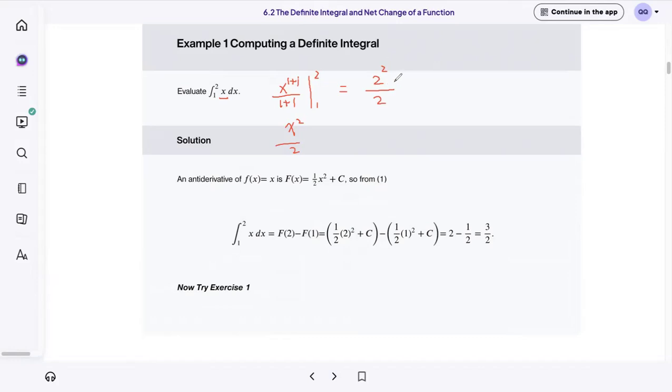We evaluate at 2, we have 2 squared divided by 2, then subtract 1 squared divided by 2. So 2 squared is 4, 4 minus 1 is 3, so we get 3 halves. So we anti-differentiate, evaluate at the upper limit and the lower limit, and subtract them.